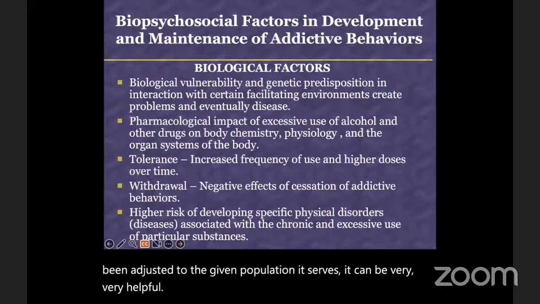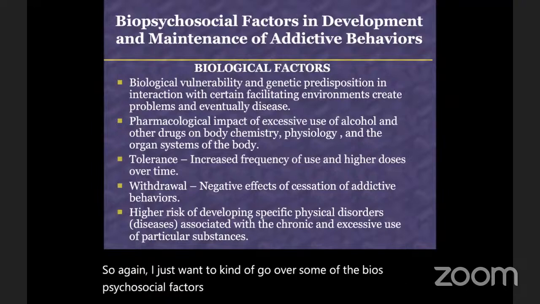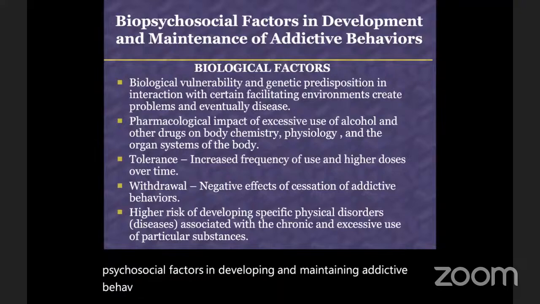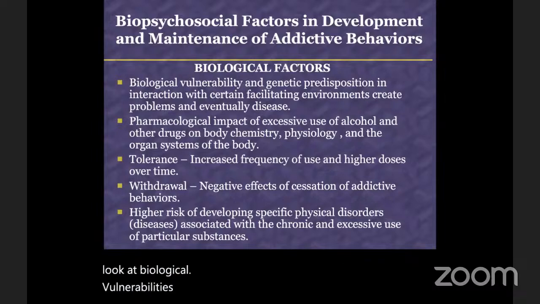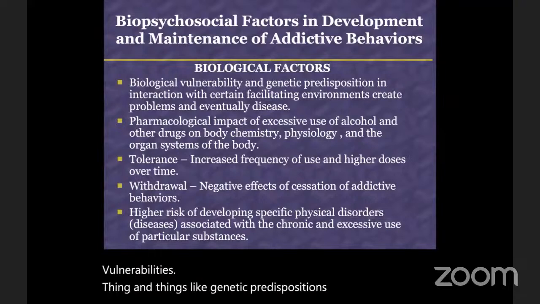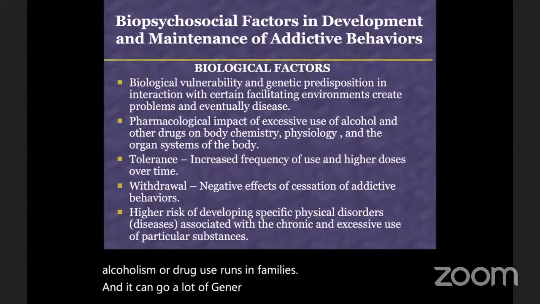So again, I just want to go over some of the psychosocial factors in developing and maintaining addictive behaviors. When we talk about biological factors, we need to look at biological vulnerabilities, things like genetic predispositions. We do know that alcoholism and drug use runs in families, and it can go a lot of generations back.